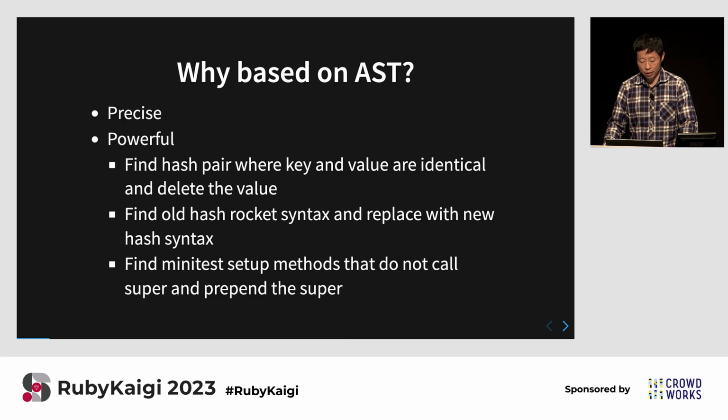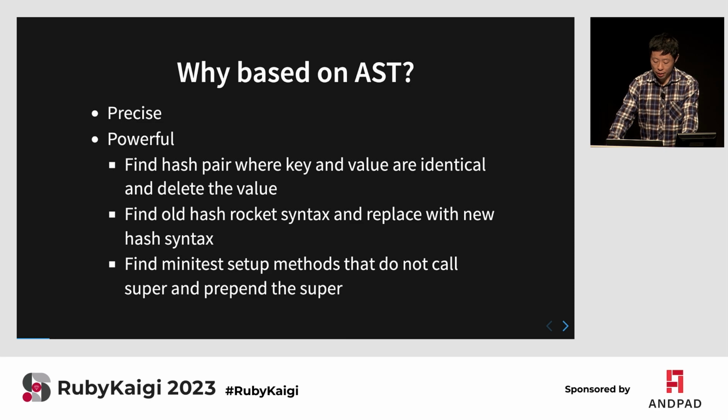It can find hash pair where key and value are identical and delete the value. It can find old hash rocket key syntax and replace with new hash syntax. It can find minitest setup methods that do not call super and prepend super.